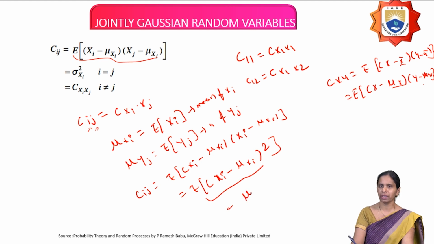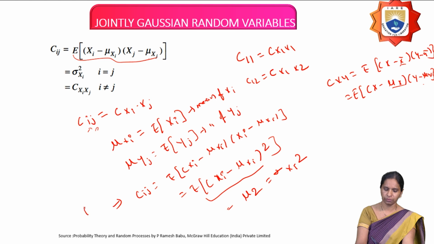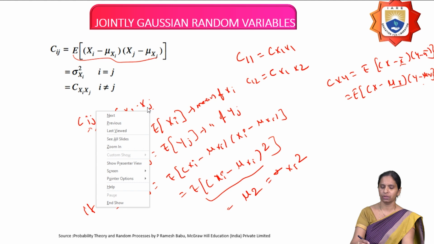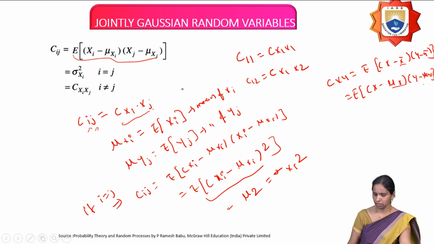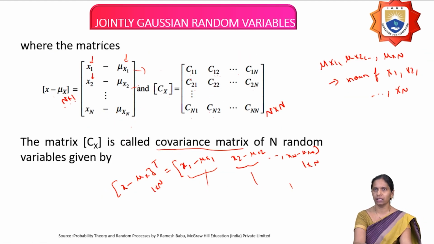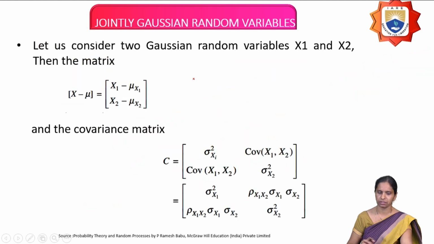The moment about the mean is also called the second central moment mu2. This is called variance, sigma xi square. Therefore, if i equals j, then Cij equals sigma xi square. If i is not equal to j, it is nothing but Cxi xj only. So this is a covariance matrix and the elements in the covariance matrix.